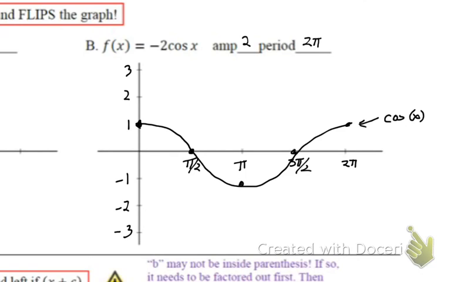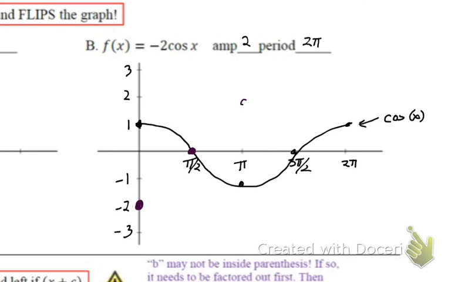If I was positive 2, I would jump all the way up to this 2. But it's negative, so I'm going to flip it down here. So instead of being at positive 2, we're going to start at negative 2 down there. I'll use purple. Zeros all stay the same.